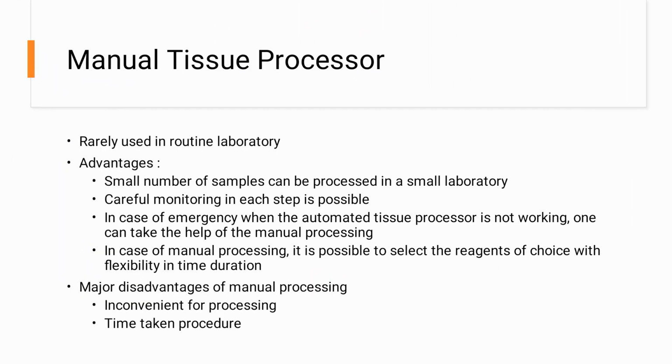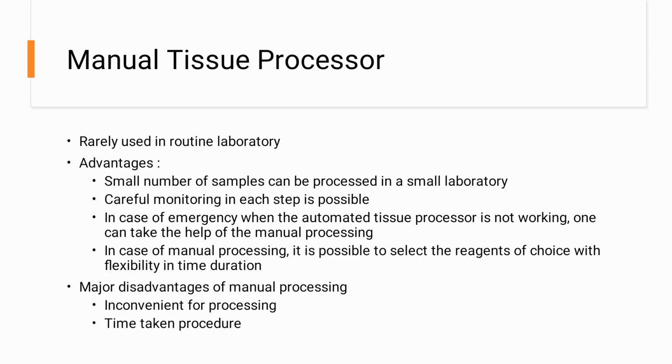Manual tissue processing is done in the routine laboratory very rarely. It has advantages over the automated processor: when the samples are in small number, they can be processed in a small laboratory, and a person can carefully monitor each step. In case of emergency, when the automatic tissue processor is not working, we can take help from manual processing.